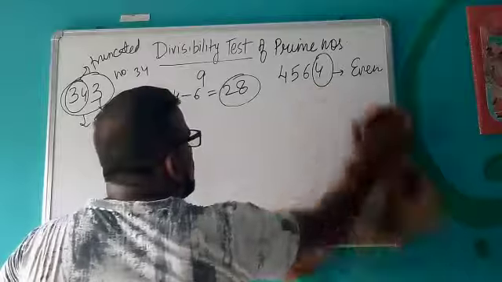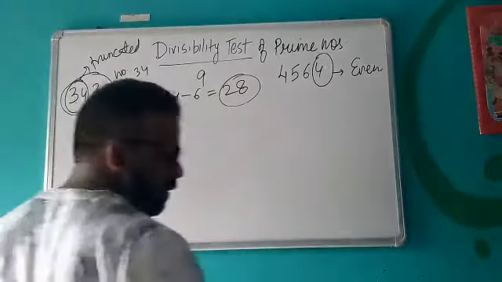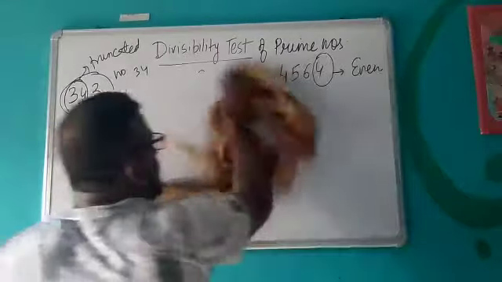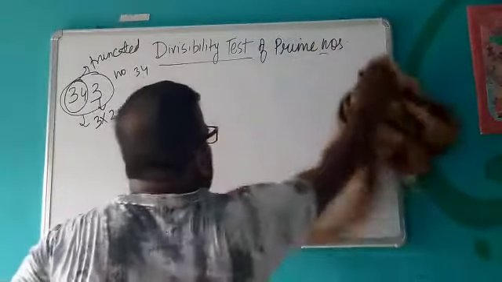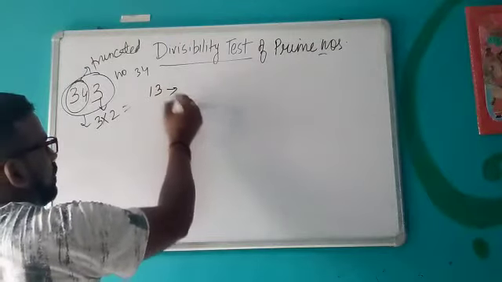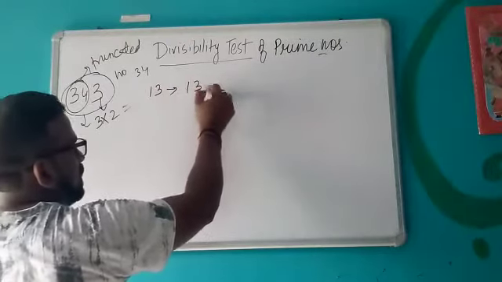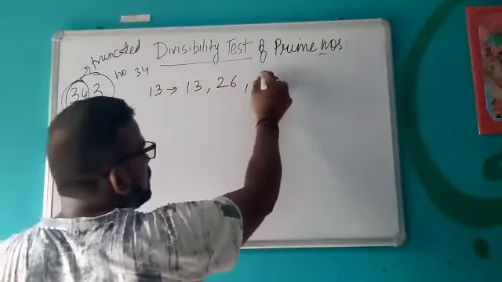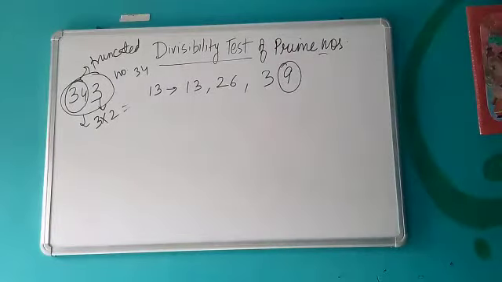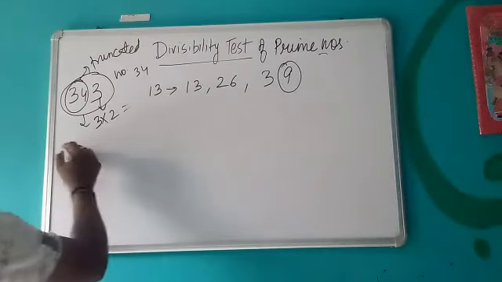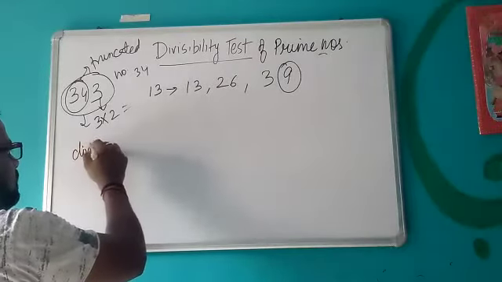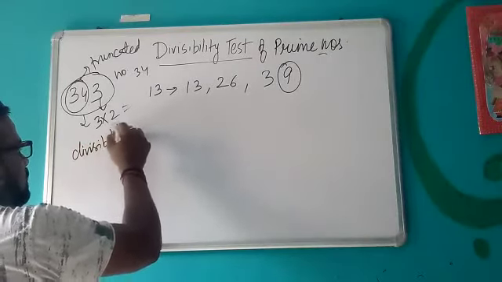Then suppose you want to see the divisibility test of 13. We will write the table of 13. 13 ones are 13, 13 into 2 is 26, 13 into 3 is 39. So I got 9. In the case of 9, how do we write the divisibility test?